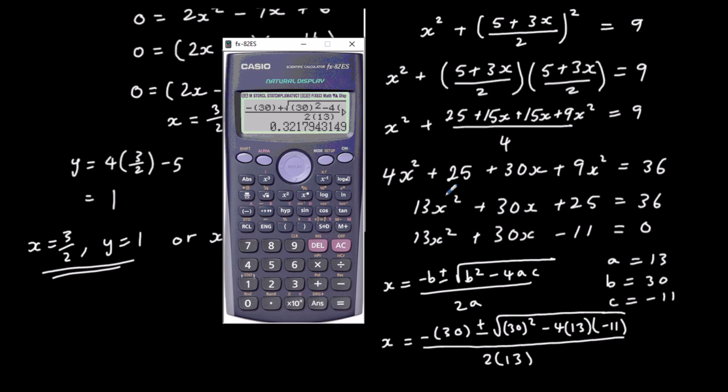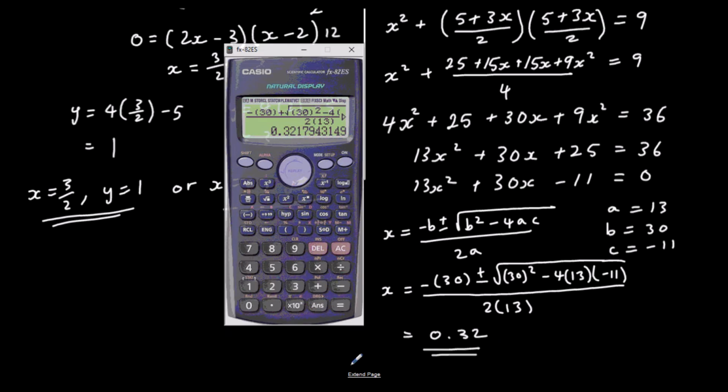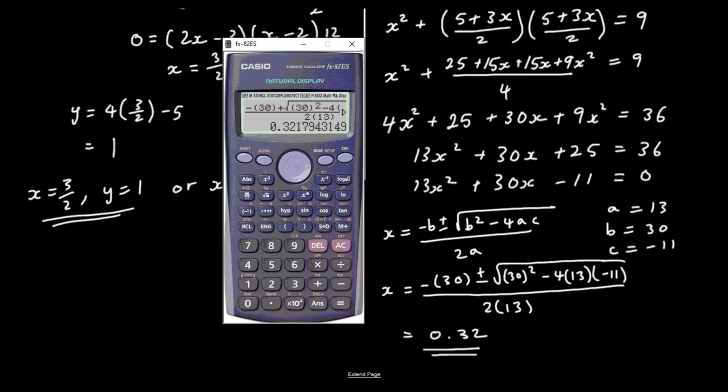So we have, to two decimal places, 0.32. And I'll save that in the calculator.